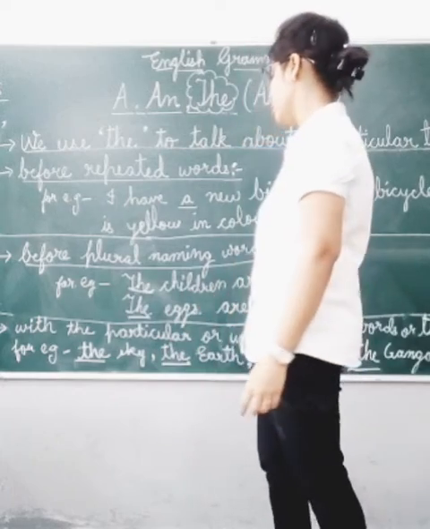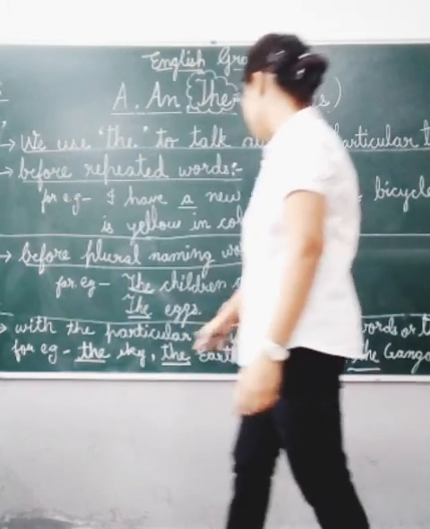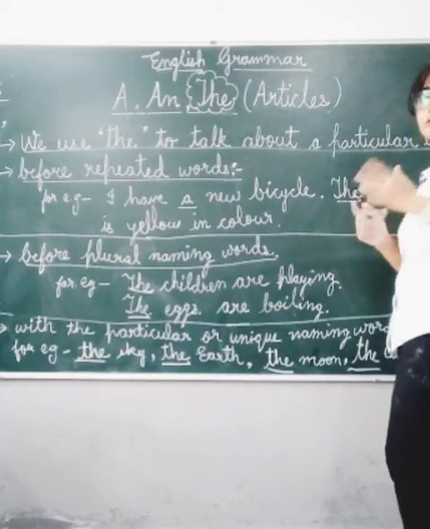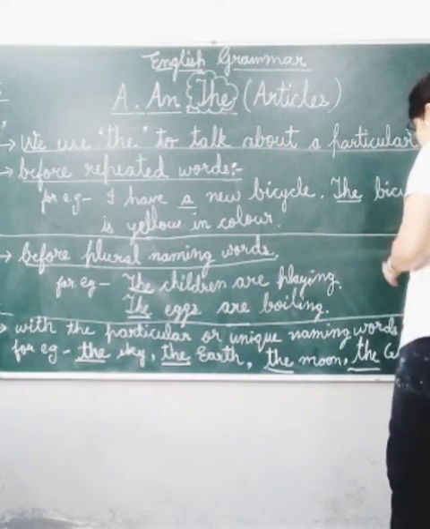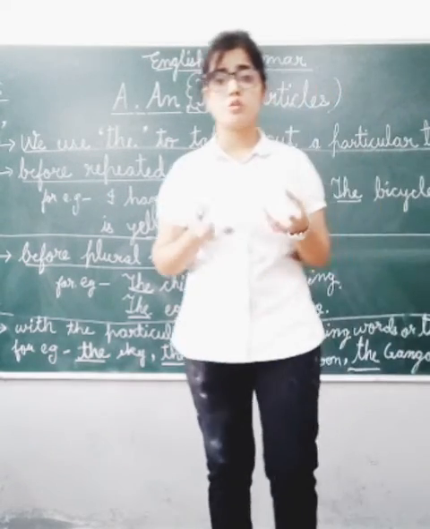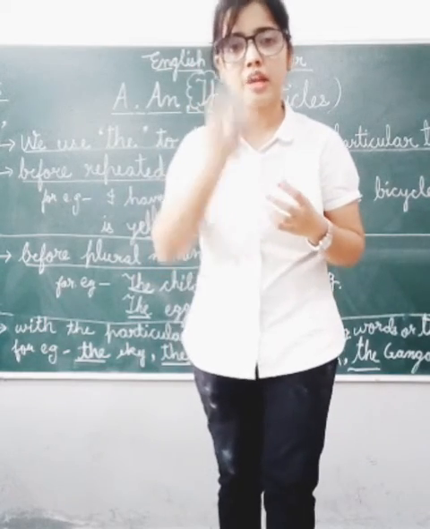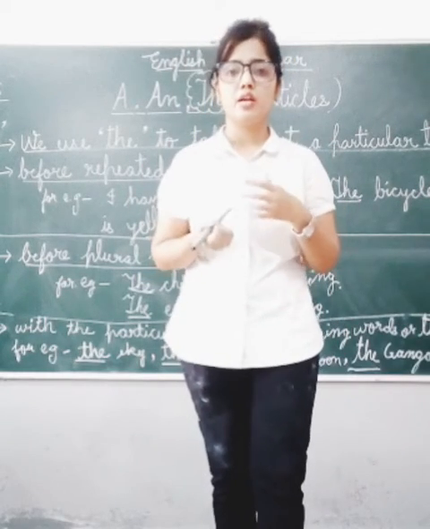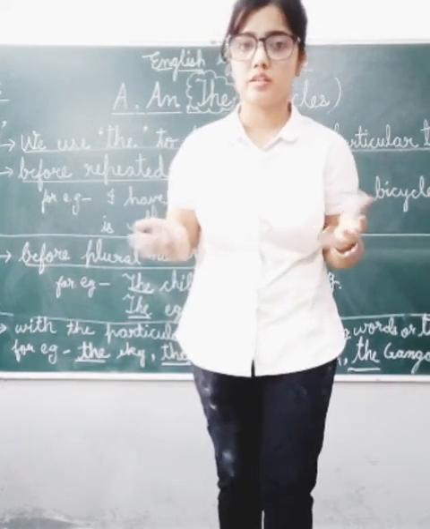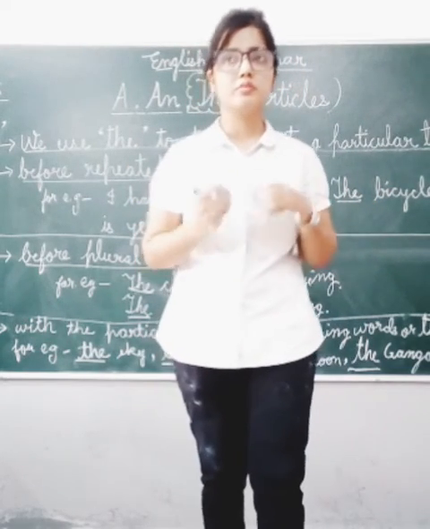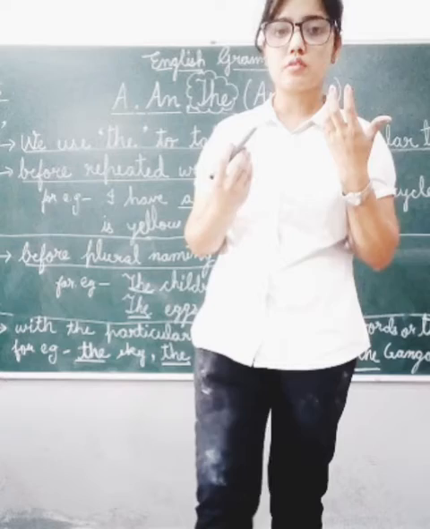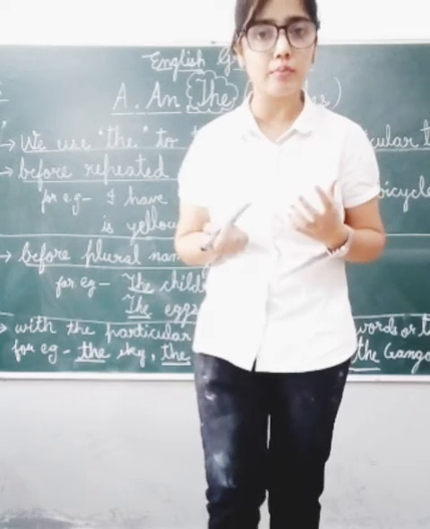We also use the with particular or unique naming words. This is very important, students. What are those unique naming words? Before the name of any country, like the India, the China, the America. Or before the name of any river, like the Ganga, the Yamuna.